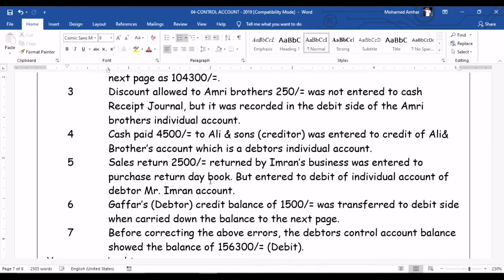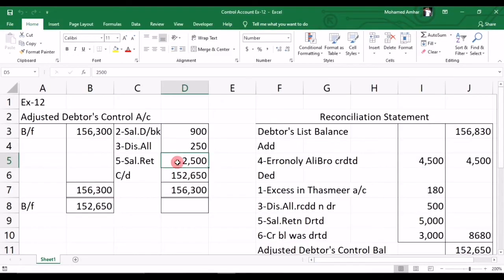So in the debtors control account also, the credit side is 2,500 less. Now you have to write that 2,500 in the credit side of the adjusted debtors control account to correct it.